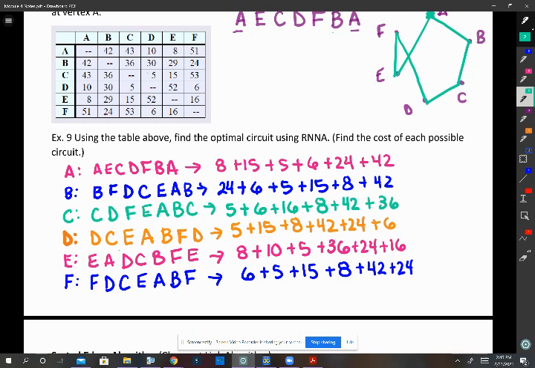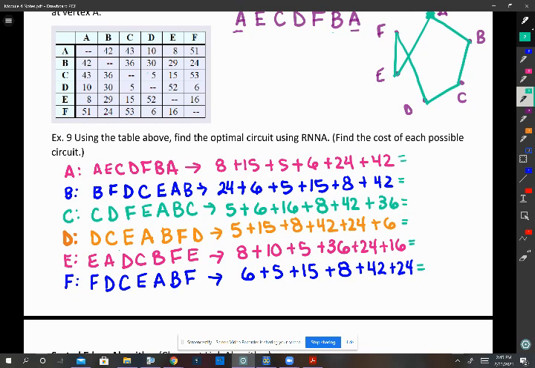So we just did A up above, and these are the values to go from each vertex to the next vertex. That's how I'm getting these values. And then I would total all of those together, and that's how I get my total. So I would just add all the numbers together and find out which one is the cheapest. And that's how I know which one is going to be the winner.